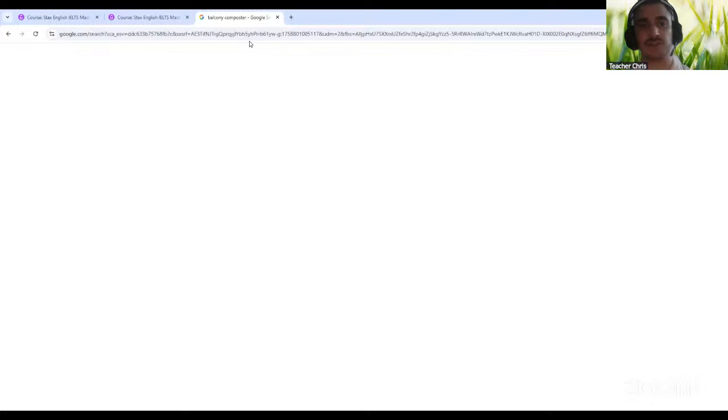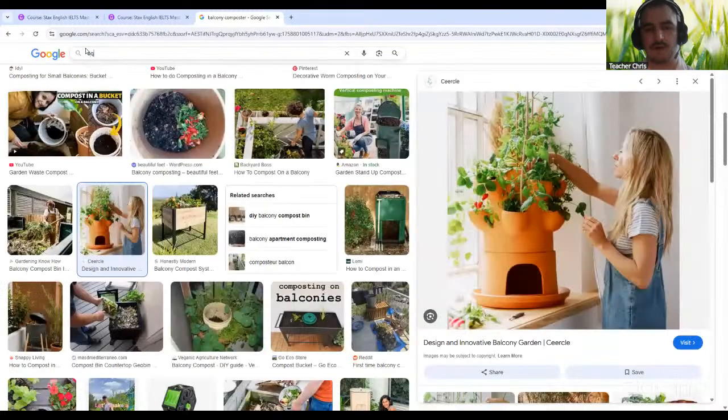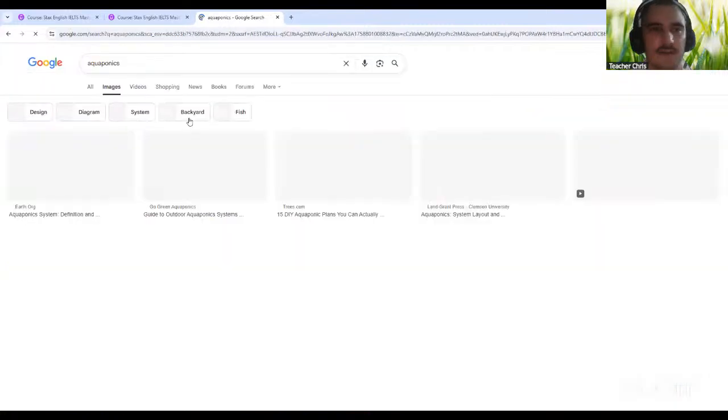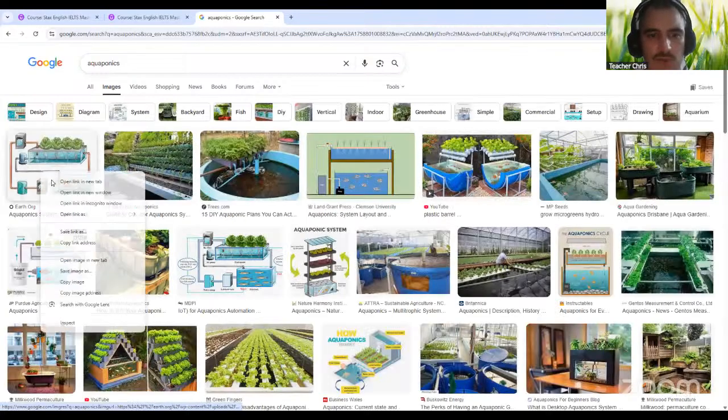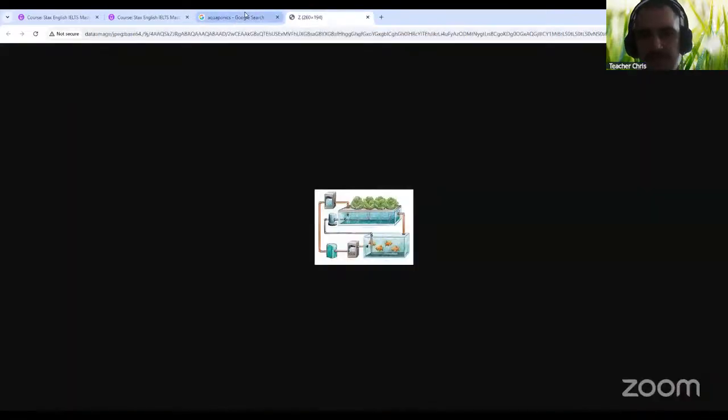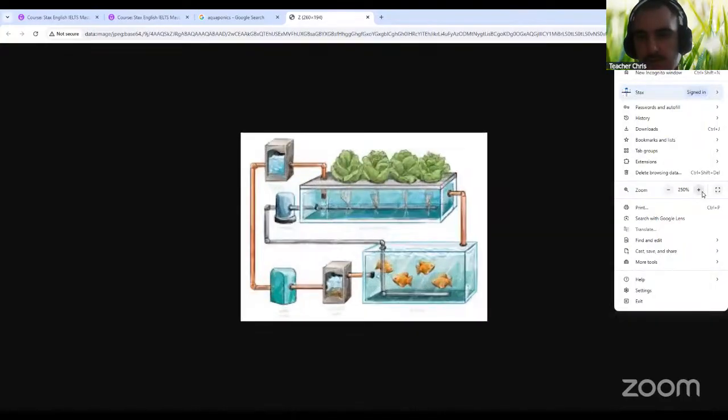Okay, let me show you a picture. Now I have an aquaponics system in my house and I absolutely love it. This is aquaponics, okay? So aquaponics is basically where you use fish to grow plants. Now, the ingenious thing about it is that fish excrete, they poop out nutrients, which are very good for the plants.